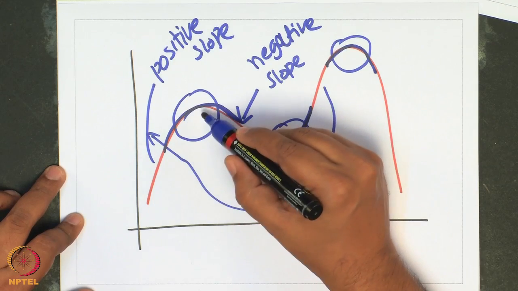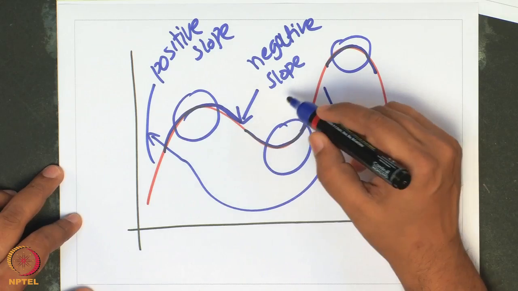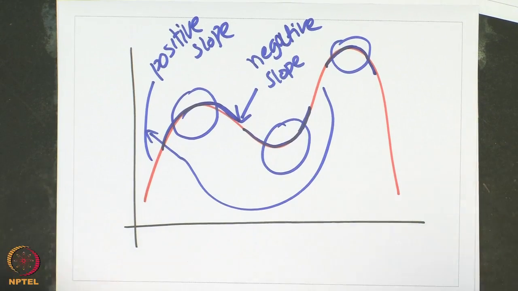So any smooth curve that you wish, any data that you would get, essentially will have some regions with positive slopes, some with negative slopes, some with positive curvatures, some with negative curvatures.